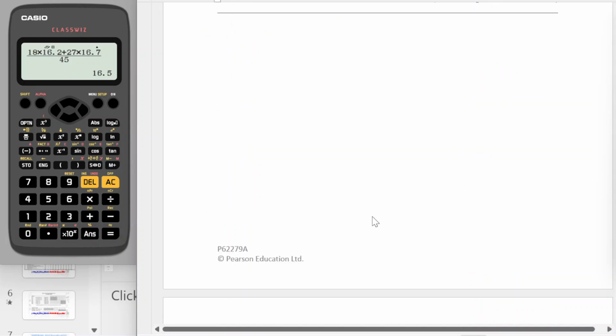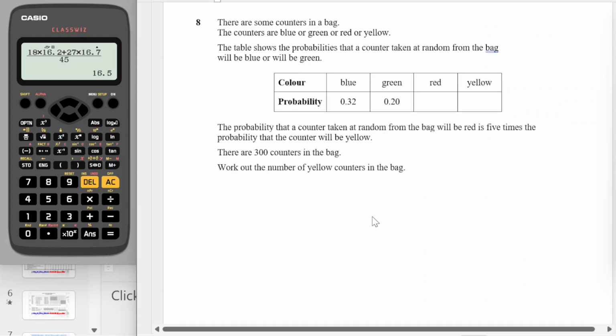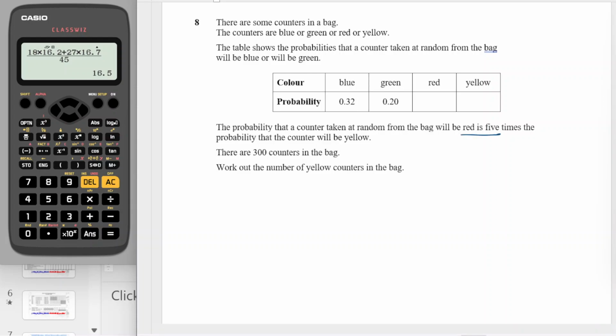Okay, question 8 then. There are some counters in a bag. Table shows probability the counter taken from the bag. The probability that the counter taken from the bag will be red is 5 times the probability will be yellow. 300 counters in the bag, work out the number of yellow. Okay, so in effect what I'm going to do is I'm going to say probability of red is 5 times more than yellow.